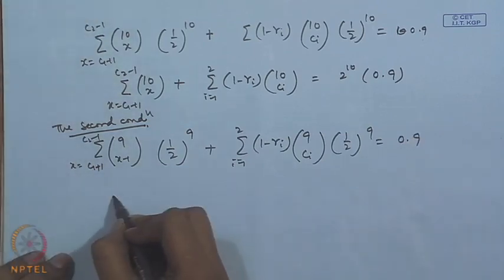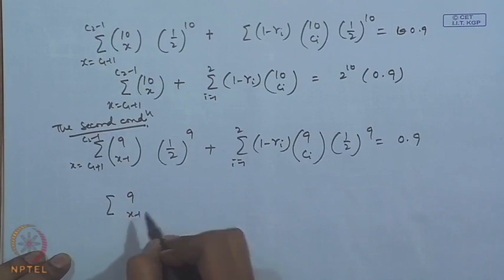So, this will become equal to sigma 9Cx minus 1.